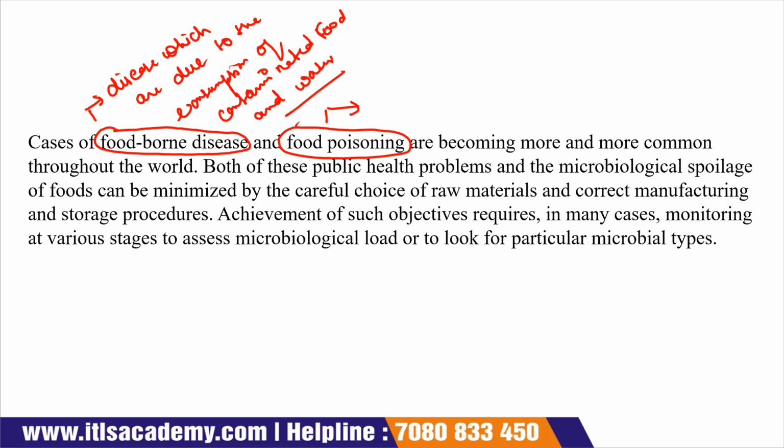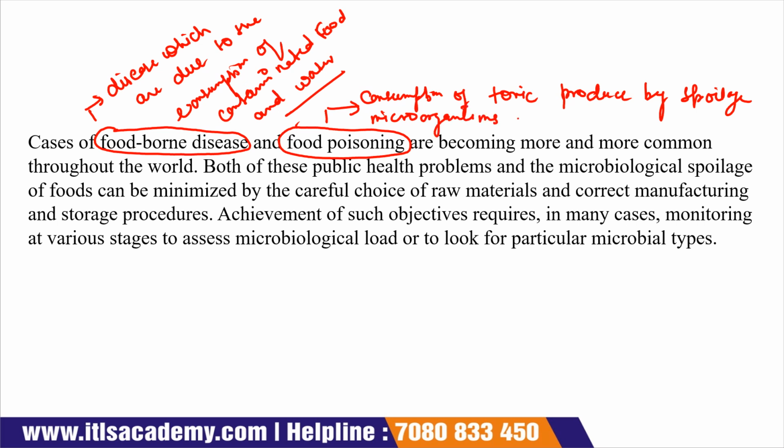Now, food poisoning means that we take a food which is already spoiled by the toxin of the bacteria. It arises due to the consumption of toxin produced by a spoilage microorganism in the food product.